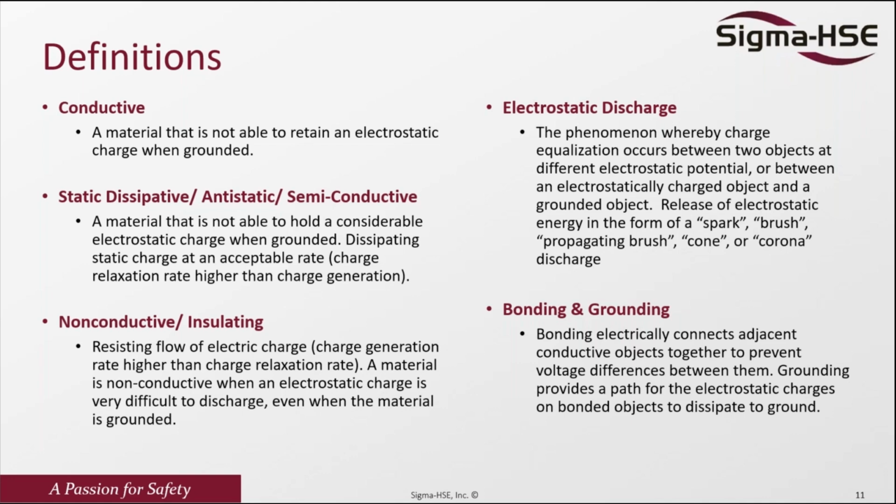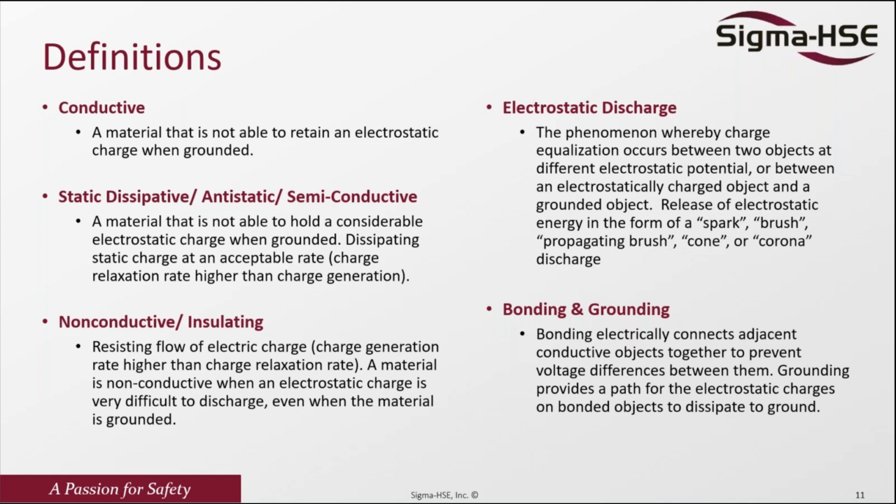The next one is non-conductive or insulating. A typical example is normal plastic. These materials allow charges to accumulate. It does not have a means of dissipating charges. So if I have a plastic and I have charge accumulation there, it will continue to stay there.